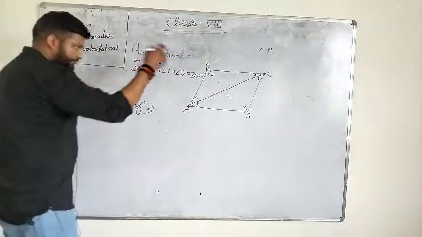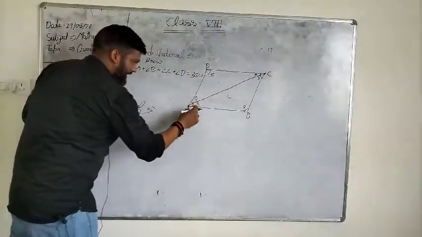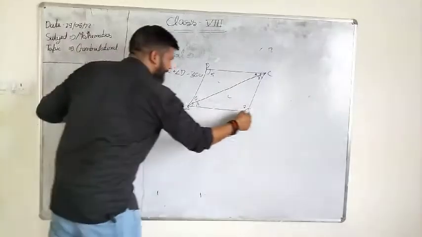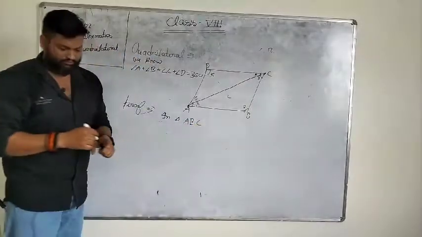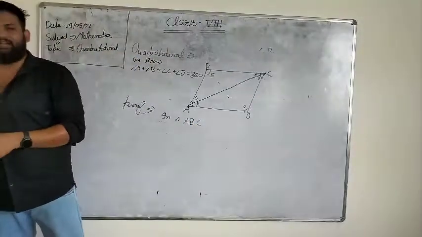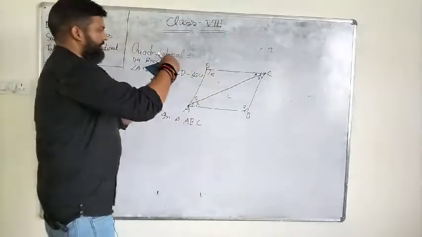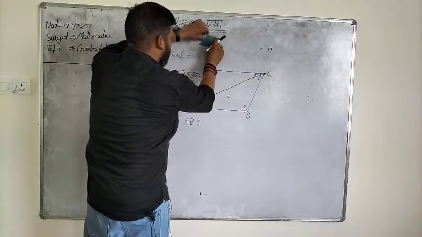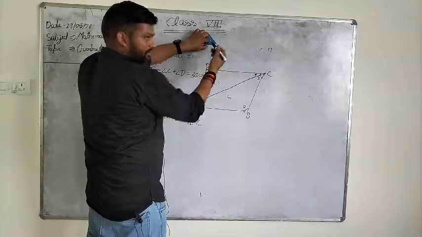Now in the first triangle, triangle ABC, just try to understand by the activity. There are two triangles. This is the diagonal. Is that clear?